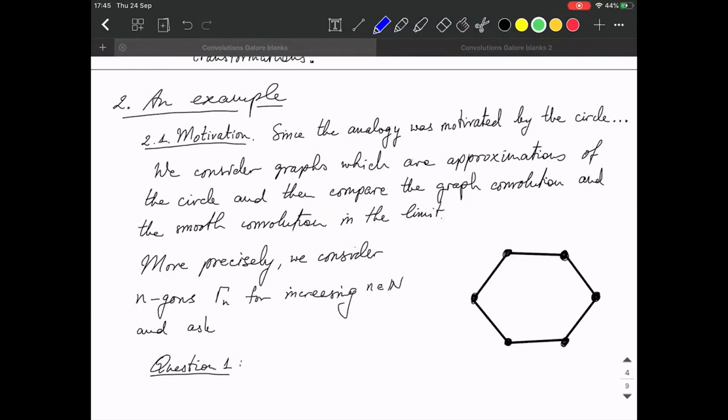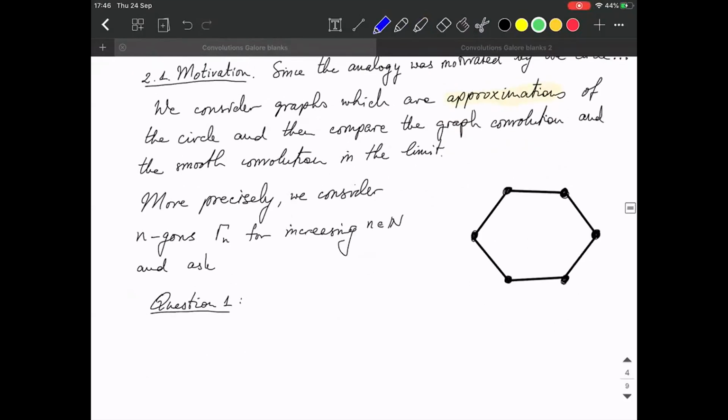Now, the motivation for this example, as I already mentioned, is that the whole story about spectral graph convolution was motivated by the circle, and so we can try to approximate the circle by graphs, and then see whether applying this graph spectral convolution converges in any meaningful way to applying a smooth convolution on the result.